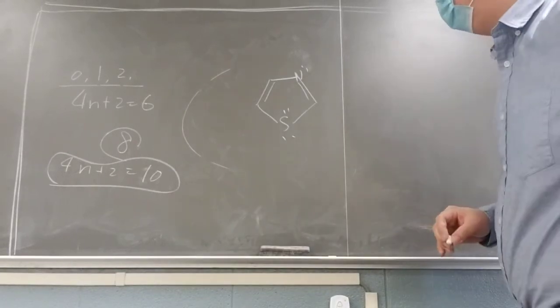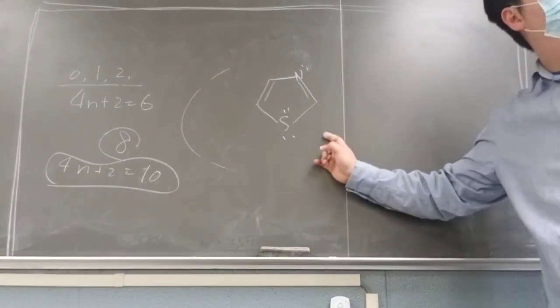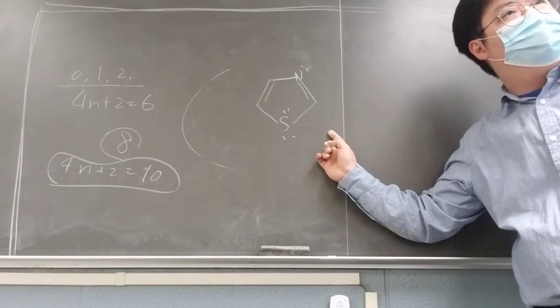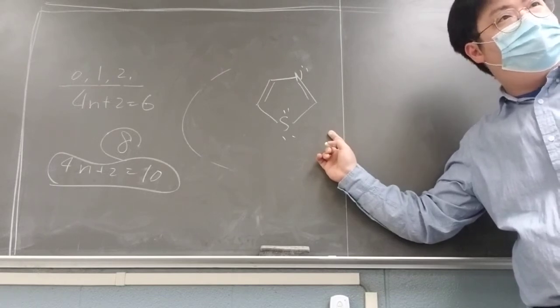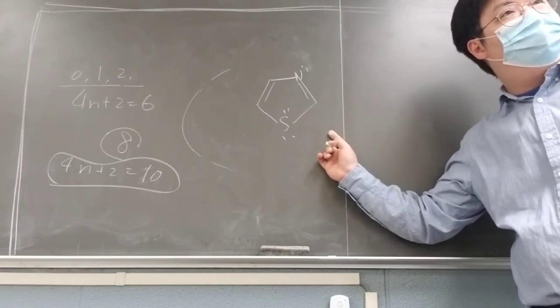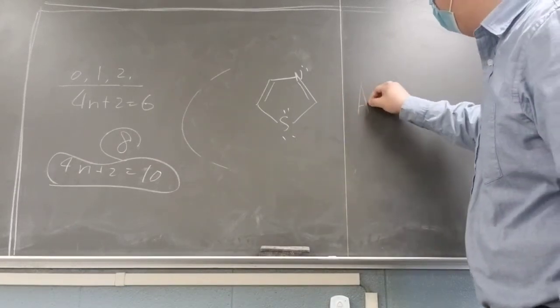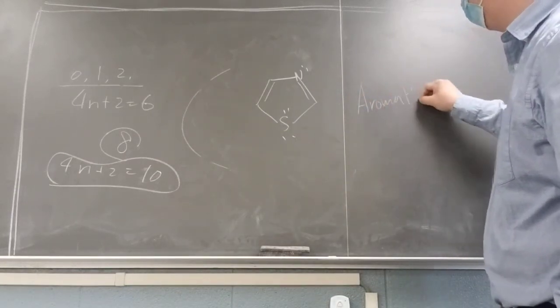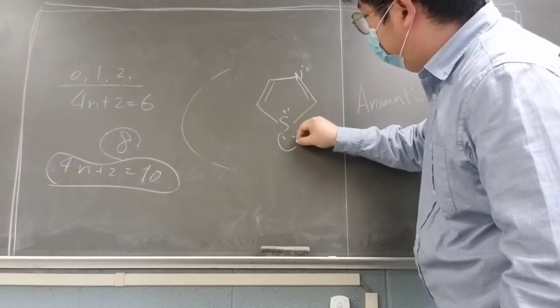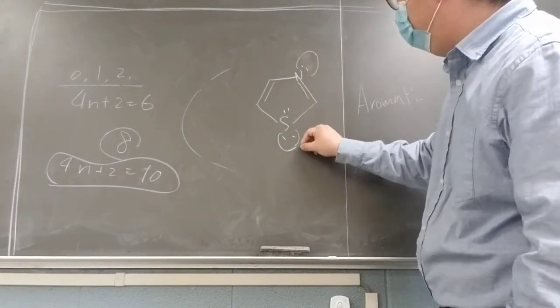Okay. So what do you think? Will this be aromatic or not? Will be aromatic? Yeah? Okay, so this is aromatic. Good. Because there are 2 lone pairs here. This one and this one will be in sp2.